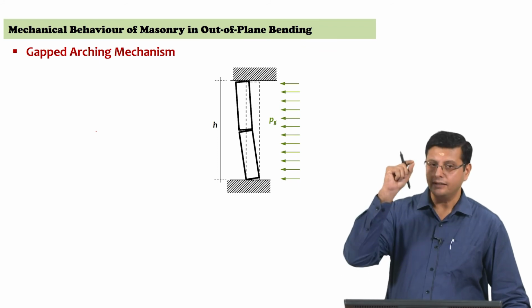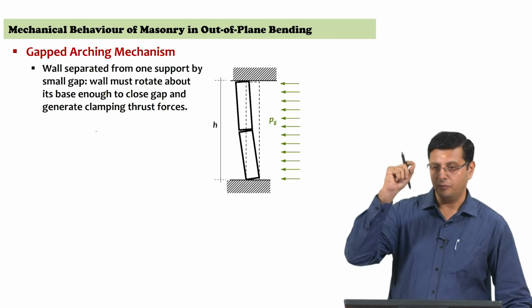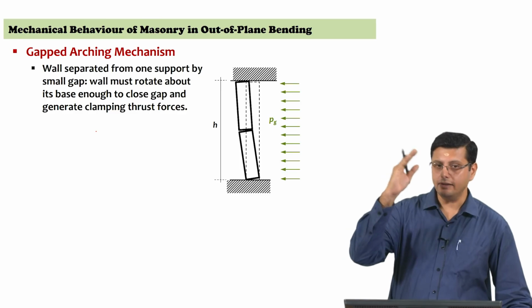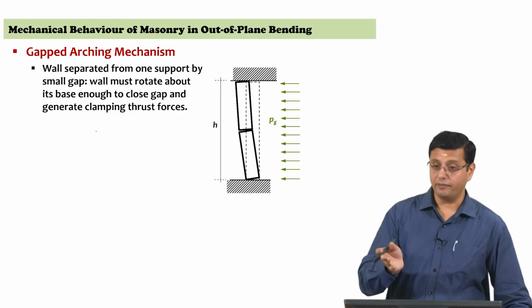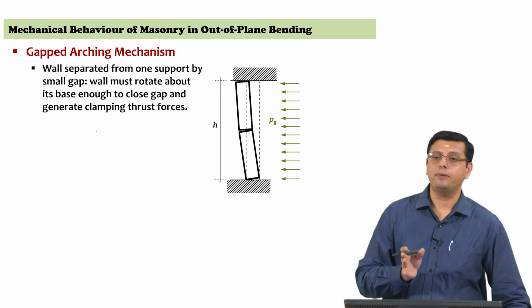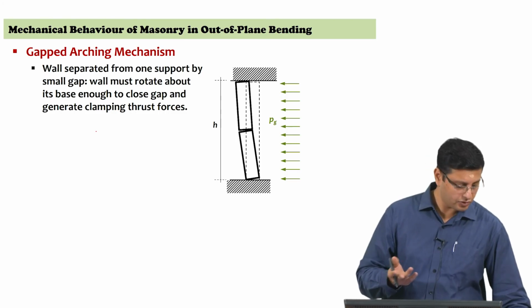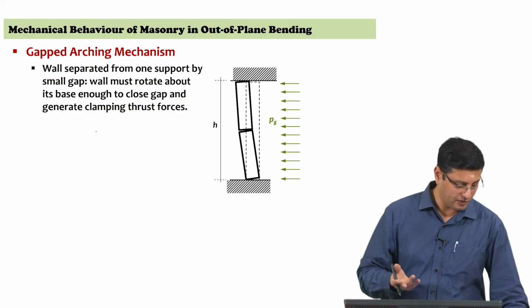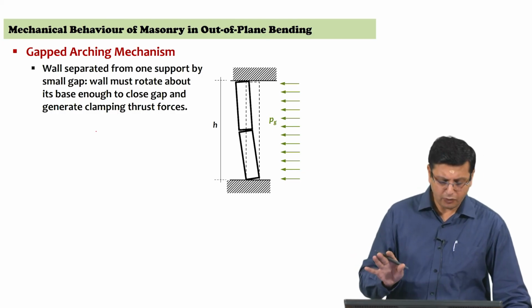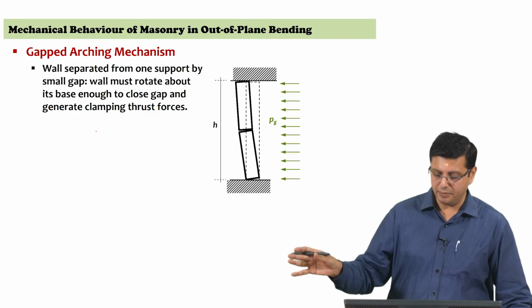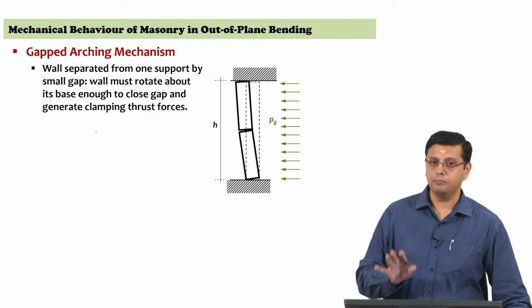So, let us assume that there is a small gap which separates the wall and the support. However, this gap has to be limited. If you have too much of a gap, it will never develop any arching action, right. So, it will actually behave as a cantilevered wall. However, in this case we will examine what that limiting value of the gap must be.